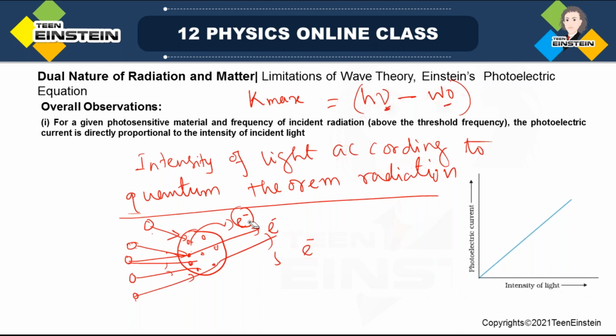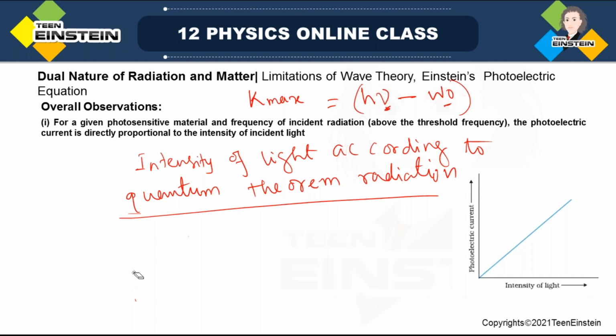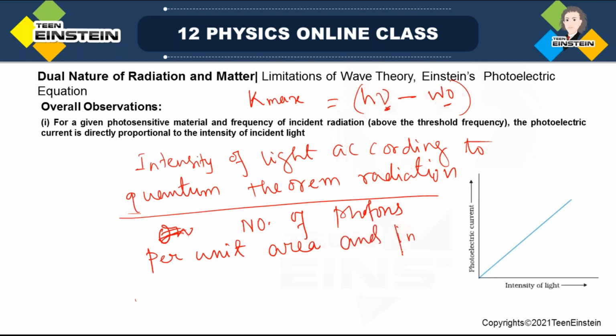According to quantum theory, it is the number of photons per unit area per unit time.